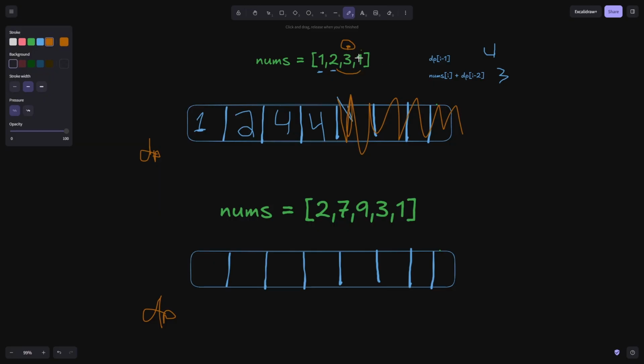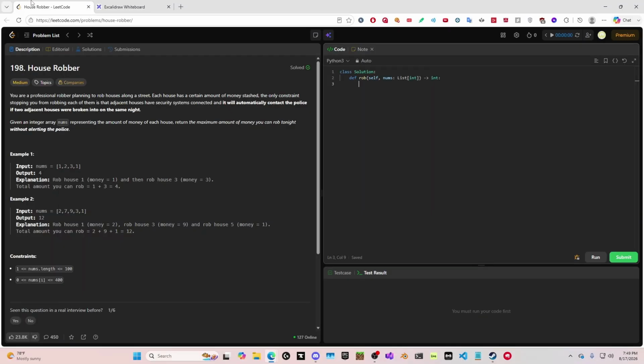And that's bigger than this hop, which is 3, right? So for our final solution, the actual output is going to be stored at the last dp index. So this 4 is actually the answer, right?